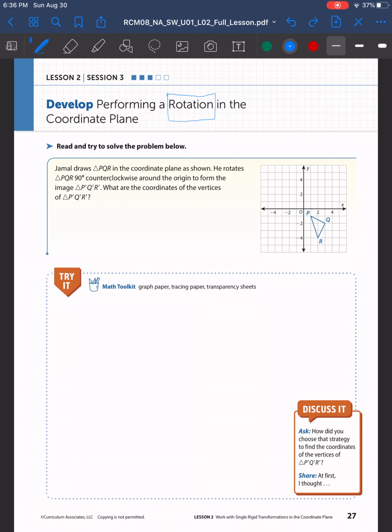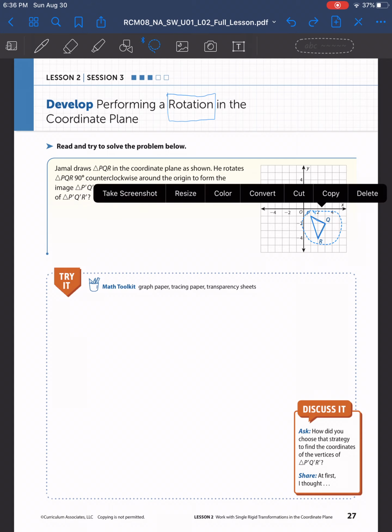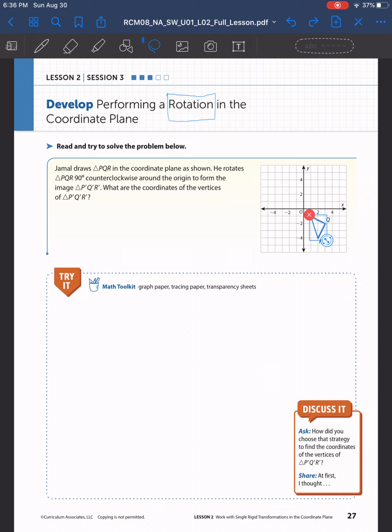I wish I had the option to be able to do that for you guys. Let me see if I can just try it out. Okay, let's see if I can move this shape. Whoops. If I were to trace this, I'd have to resize it, because I'm not just sliding it, remember.